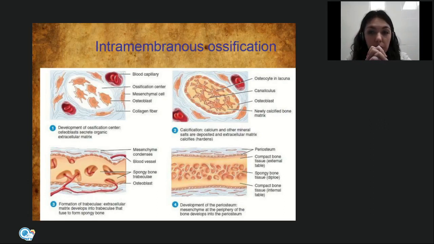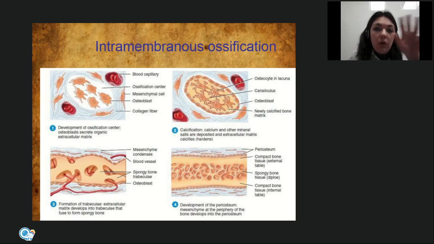The next stage is the formation of trabeculae. The extracellular matrix that surrounds the osteocytes develops into trabeculae that fuse to form spongy bone. This extracellular matrix and osteocytes are located in the middle of the bone, but on the periphery there is still periosteum. Periosteum, as we said at the previous lecture, is the main source of osteoblasts in the bone.